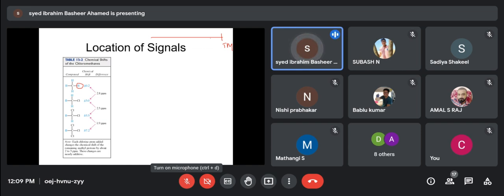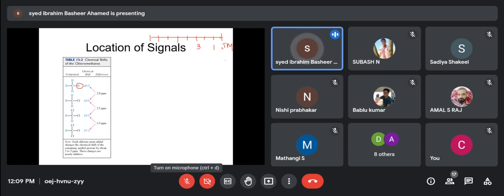Assume you have a scale like 1, 2, 3, 4, 5, 6, 7, 8, and so on. You have 3 for methyl chloride, whereas for methane you have 0.2, somewhere near here.